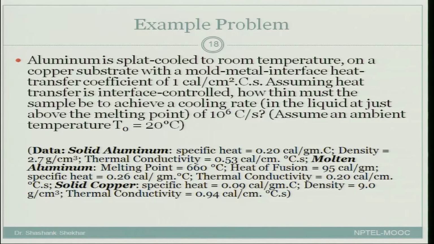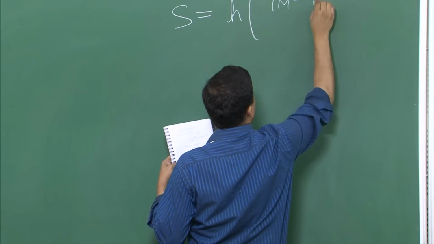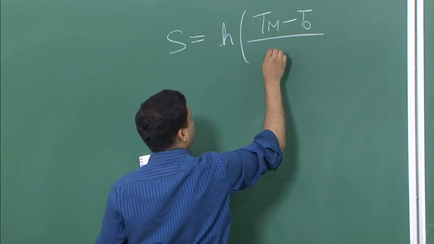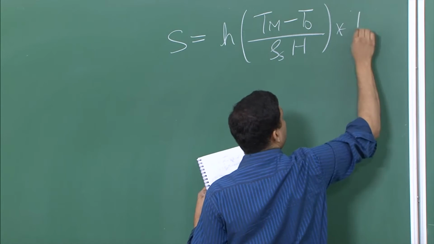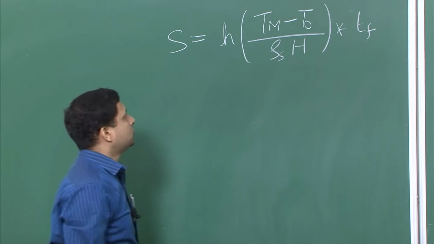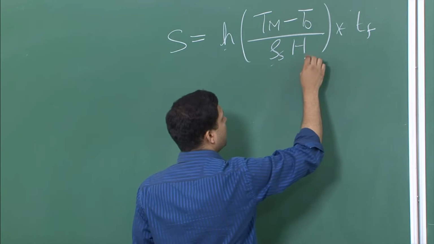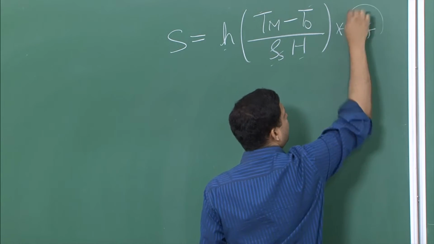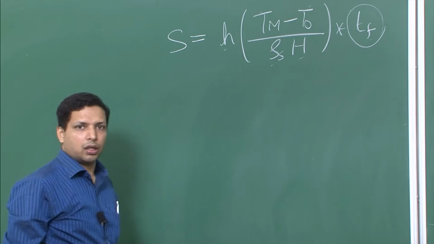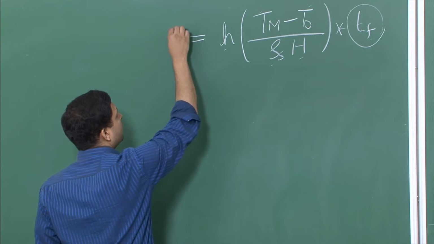We know that for interface resistance, S is equal to h (Tm minus T naught) over rho S H into Tf. If you look at this, h is given, rho S is given, the heat of fusion is given, Tm is given, T naught is given, and Tf is something that we don't know, and this will give us the total length which has solidified.